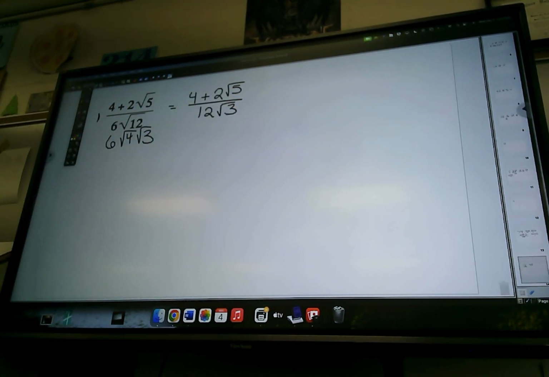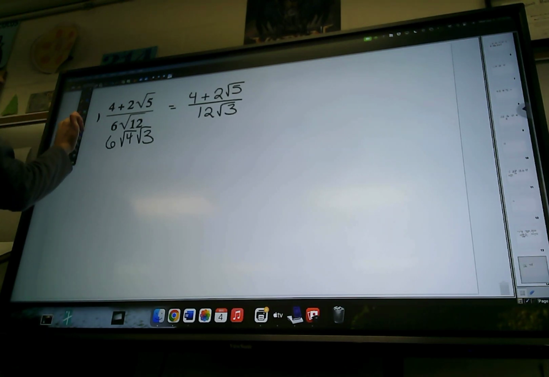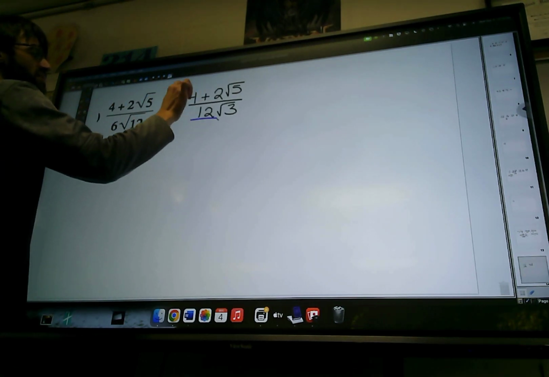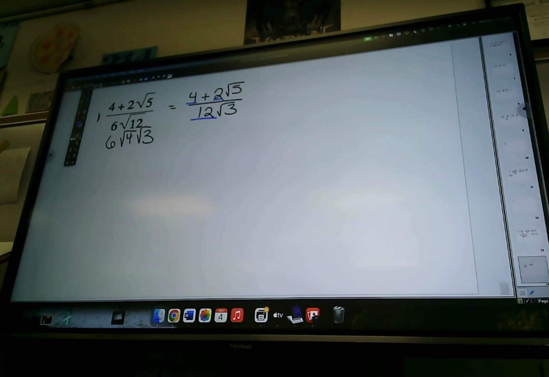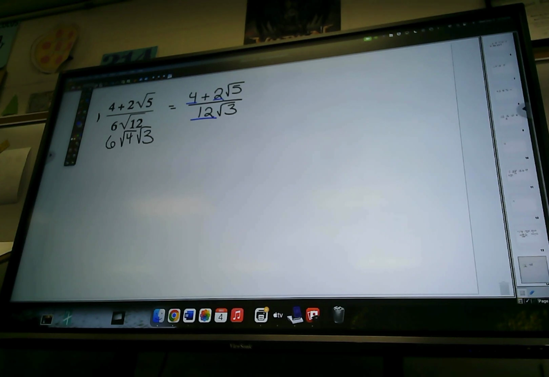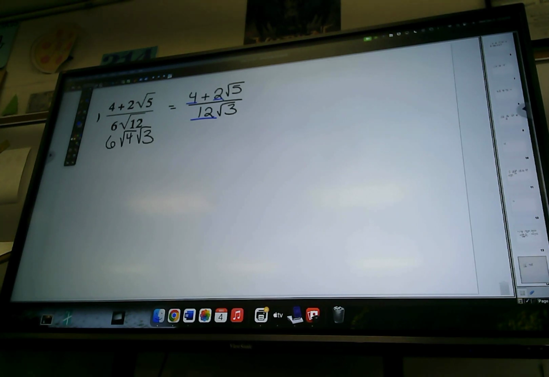What do we notice about the coefficients of those numbers? They're both divisible by 2. So what I'm going to do is factor a 2 out and then cancel it.